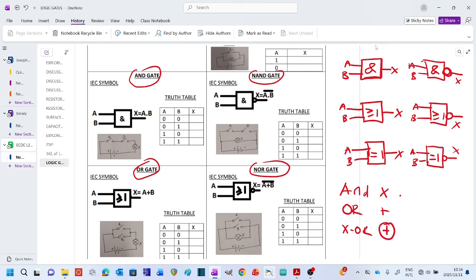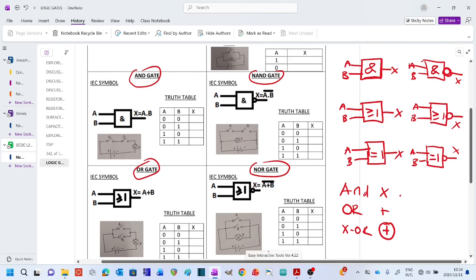When you are writing your expression for an AND gate, it's going to be X is equal to A and B. That's how you read it, A and B. But for a better understanding, we can say A multiply B. And then the opposite, which is the NAND, is A multiply B with a bar on top. That's the negation that you put there.